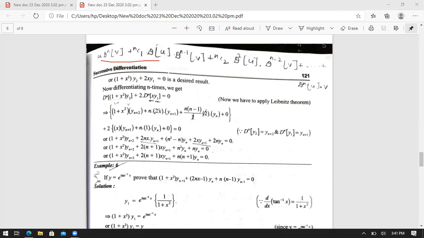Plus nC1, whose value is n, then 2x into the nth derivative of y1, that is y n plus 1. That is 2x into y n plus 1, plus nC2, that is n into n minus 1 divided by 2, into 2 into yn, plus the last term, which is 0.